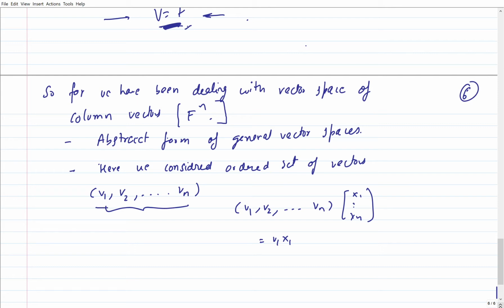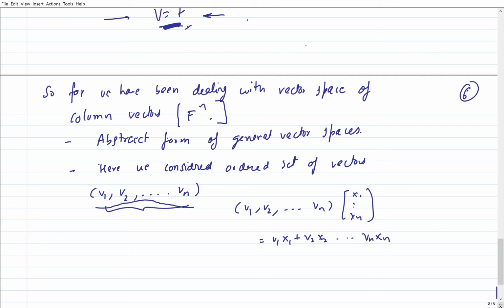Now, they are not column vectors, they are just some n objects, but we can still define a scalar product, namely v1 x1 plus v2 x2 and so on up to vn xn.